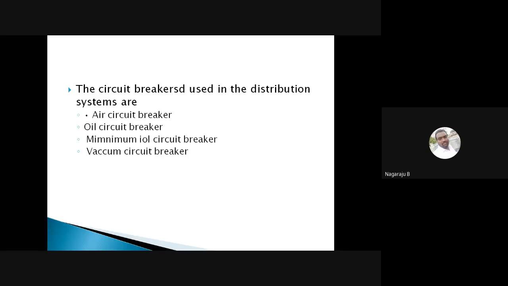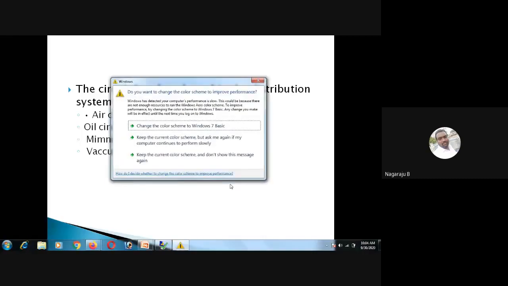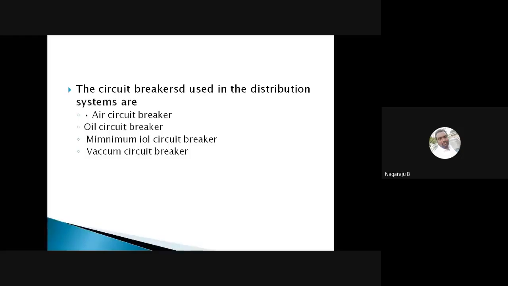Nowadays, you need to select a special rating of a circuit breaker. In general, this circuit breaker rating depends on how much fault current you will get.